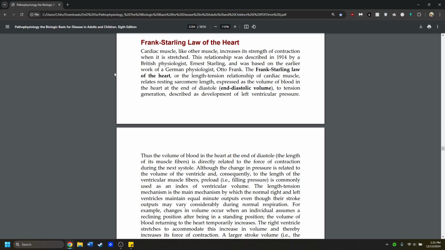German physiologist Otto Frank. The Frank-Starling law of the heart, or the length-tension relationship of cardiac muscle, relates resting sarcomere length, expressed as the volume of the blood in the heart at the end of diastole, or end diastolic volume, to tension generation, described as development of left ventricular pressure.